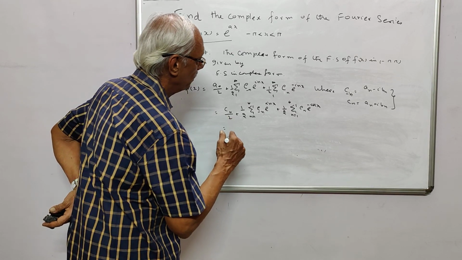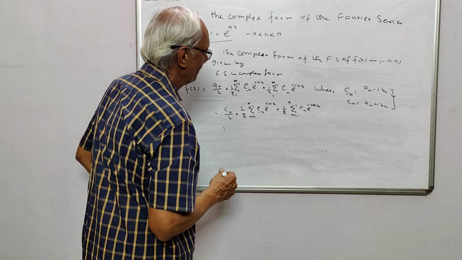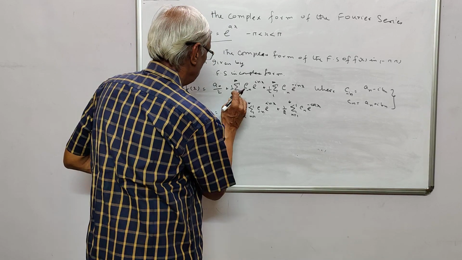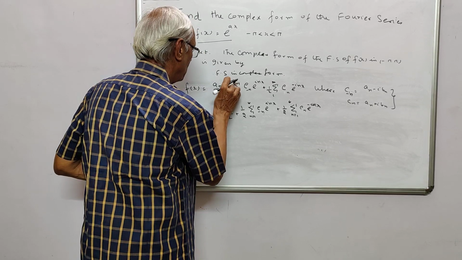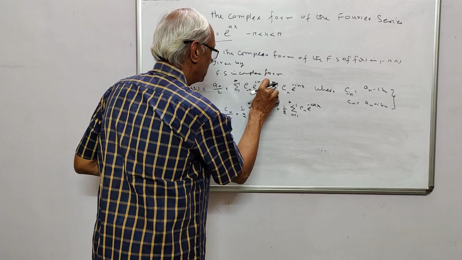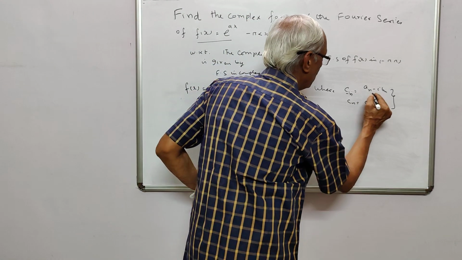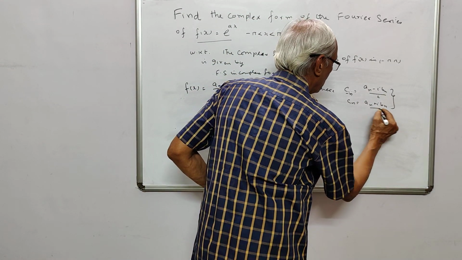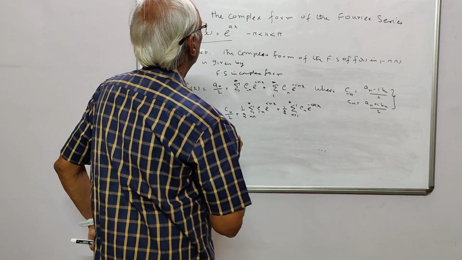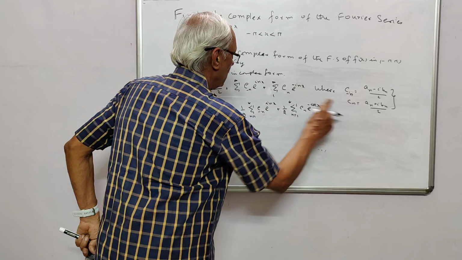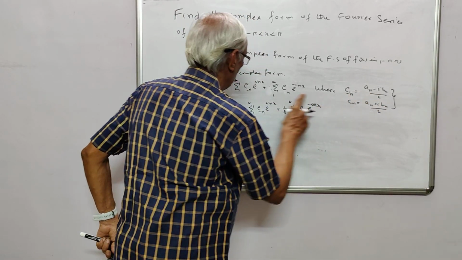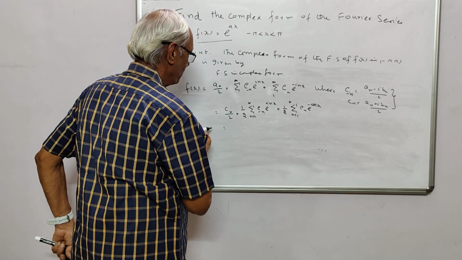I think what you have to do here is take this. In the place of this, a n minus i b n divided by 2, I have written C minus n.